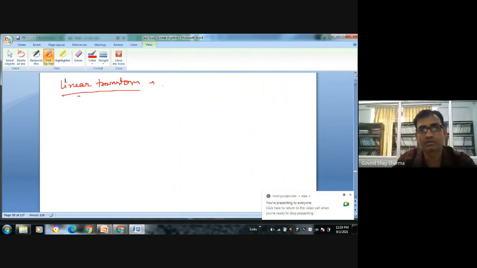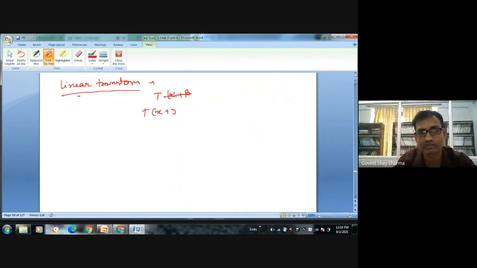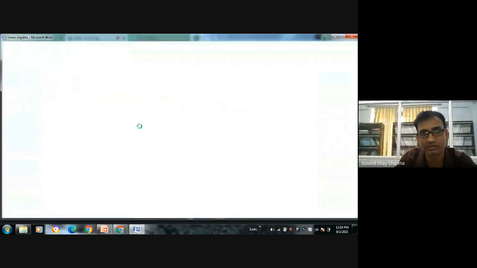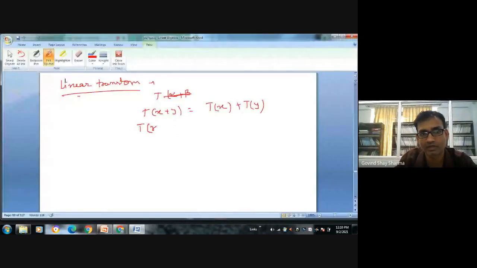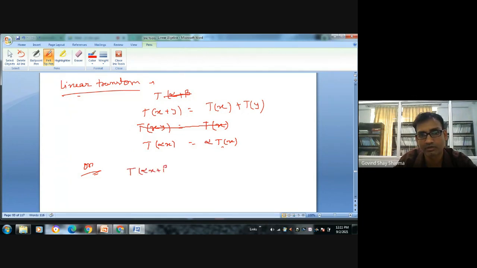If T(alpha + beta), or T(x + y), can be written as T(x) + T(y), and T(alpha x) = alpha T(x), then if both equations are combined, it becomes T(alpha x + beta y) = alpha T(x) + beta T(y).